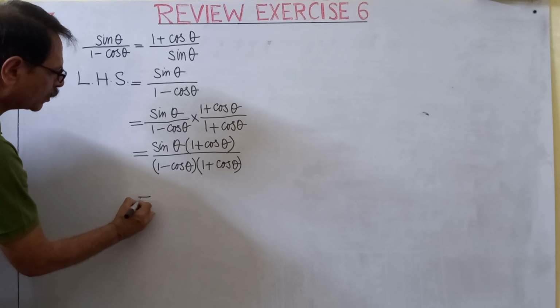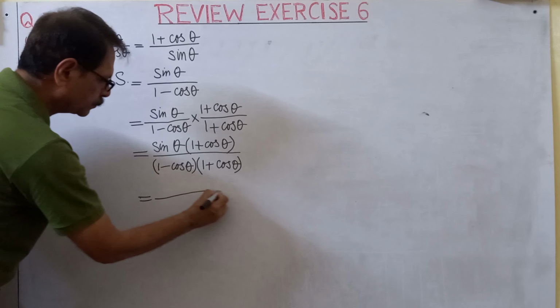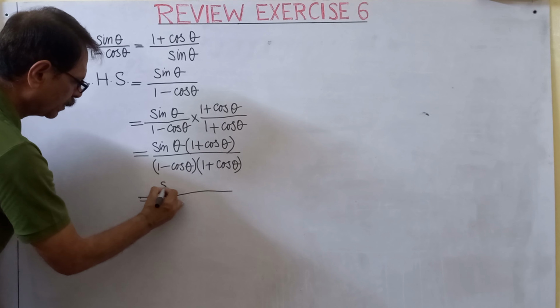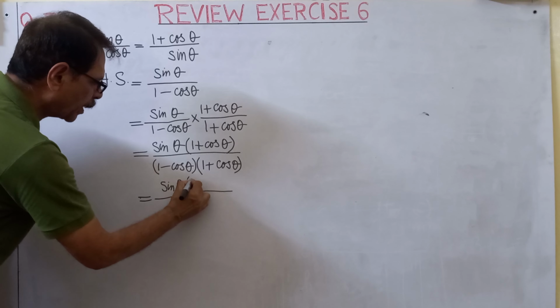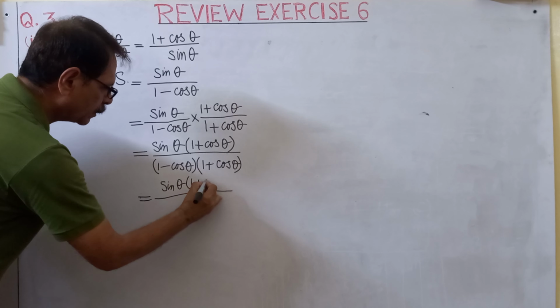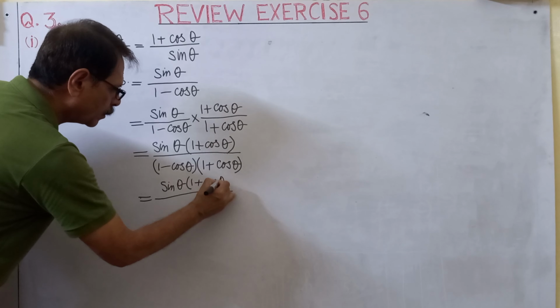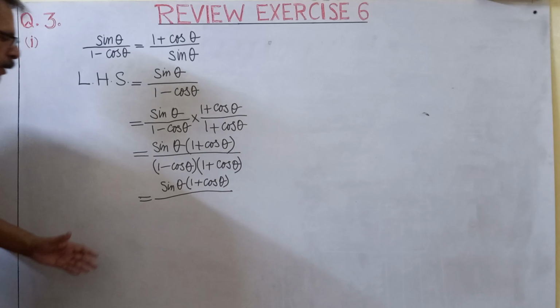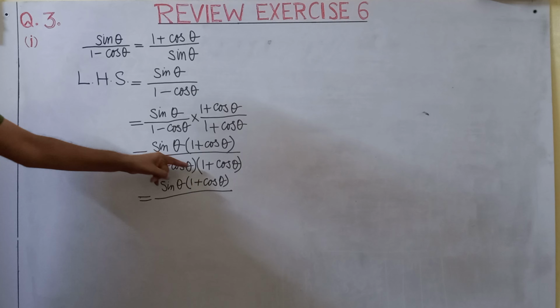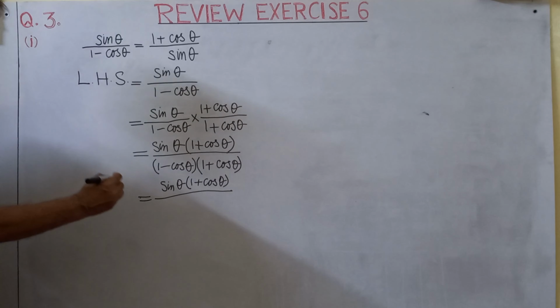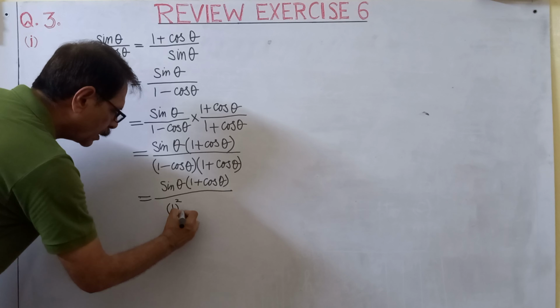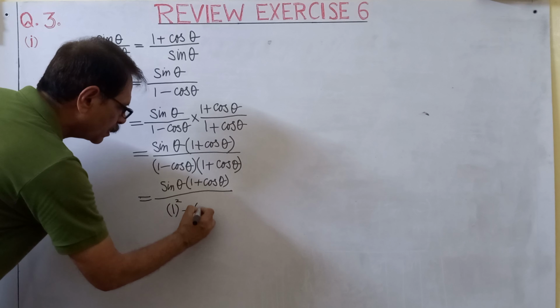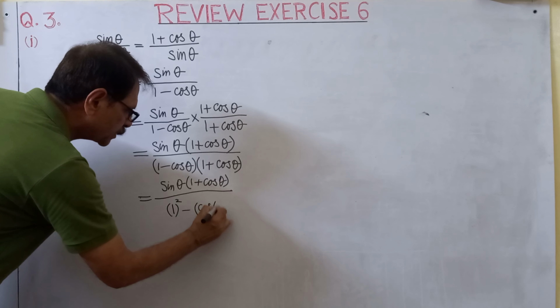This is further equal to sin theta into 1 plus cosine theta over 1 minus cosine theta into 1 plus cosine theta, which is equal to 1 square minus cosine theta square.